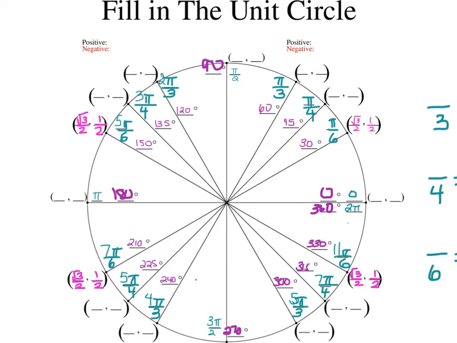All the over 4s are root 2 over 2 and root 2 over 2. And all the over 3s are 1/2 and root 3 over 2, the reverse of the over 6.